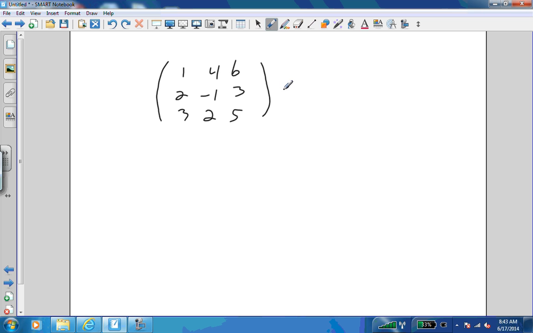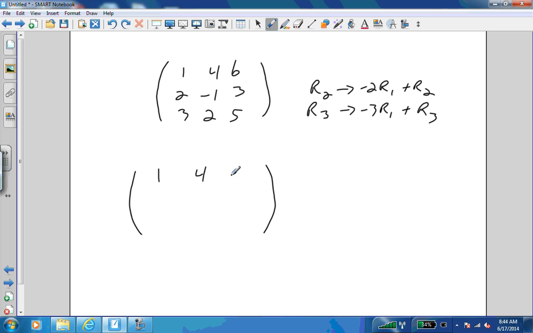Let's begin by taking the second row and getting a 0. We need a -2 here, so we're going to take -2 times the first row plus the second row, and that's going to give us our new second row. For our new third row, we're going to take -3 times the first row plus the third row.